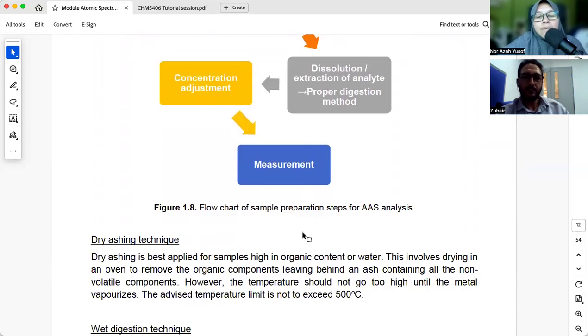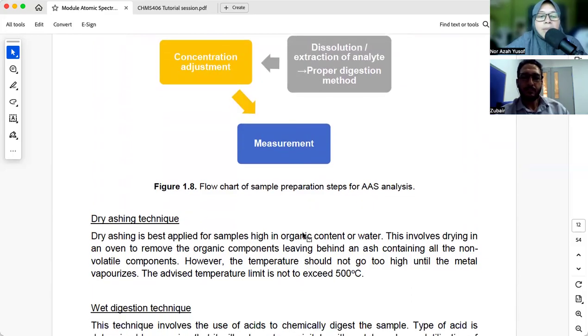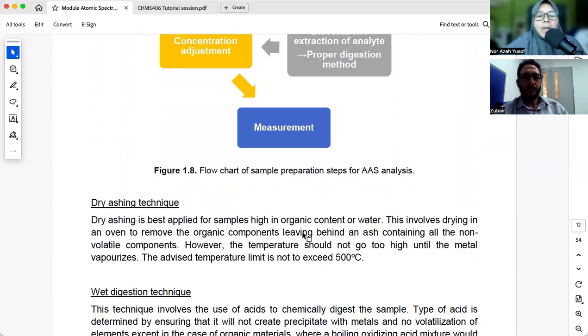If you have a dry sample, one of the best methods is dry ashing, meaning that you put everything in an oven first, to dry off all the organic content and water.